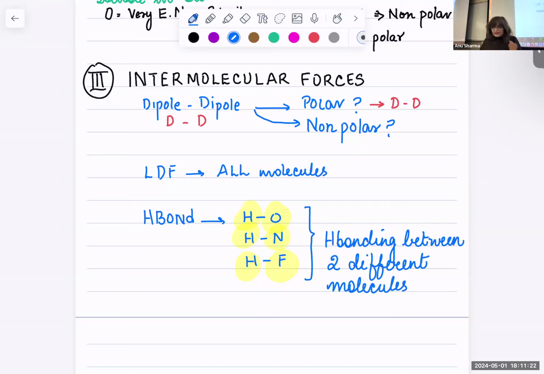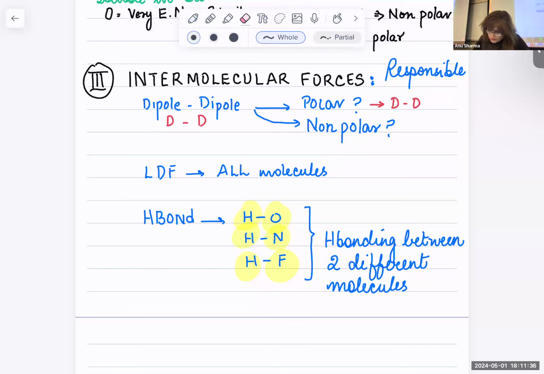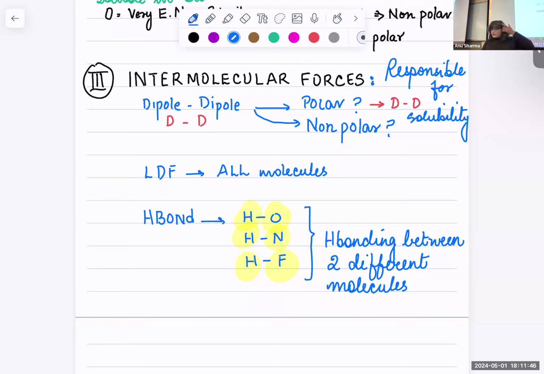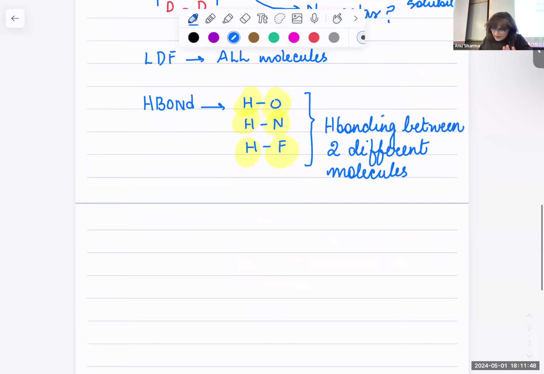So intermolecular forces are responsible for solubility. Clear? So this is what we have.